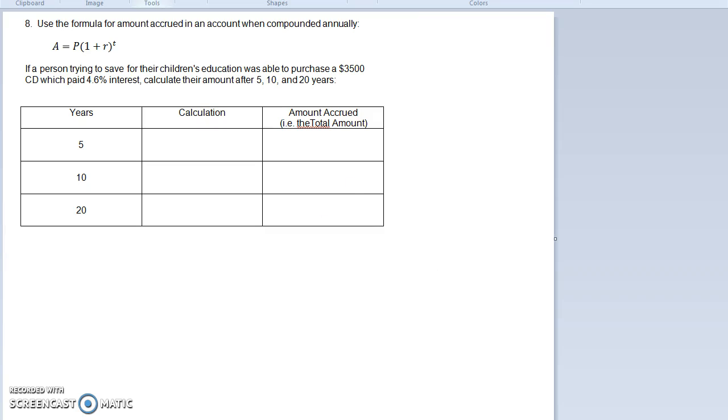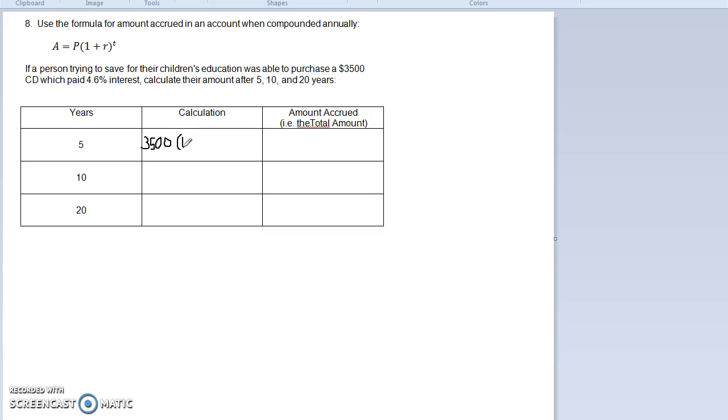And we're hoping to calculate if this person has $3,500 to put into their account, what they would have after 5 years, 10 years, and 20 years. So the calculation is to take $3,500, that's your principal, that's the P. You don't have to memorize this formula, but you do have to know what the parts are.